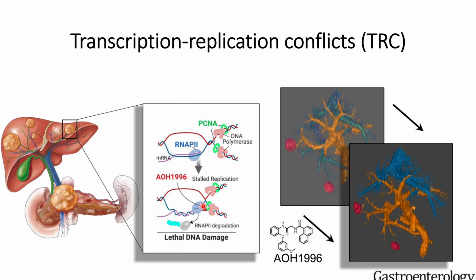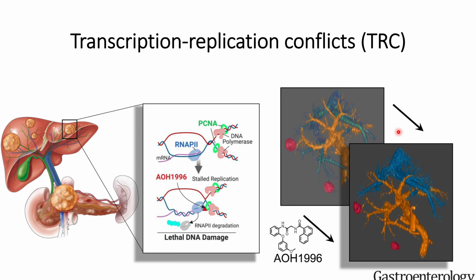These frequent interactions will cause RNAP2 degradation, and at the same time further DNA damage within the cells. The DNA damage might be lethal and even lead to the death of the tumors. The chemical structure of AOH 1996 is shown here.